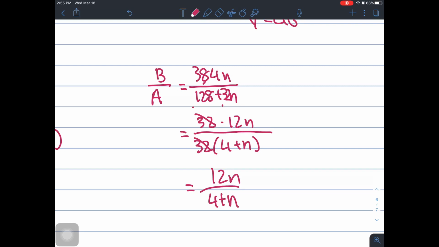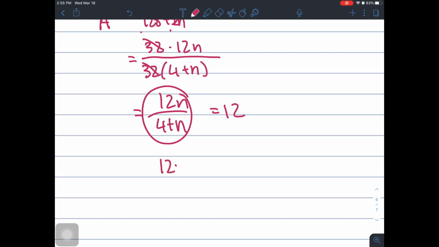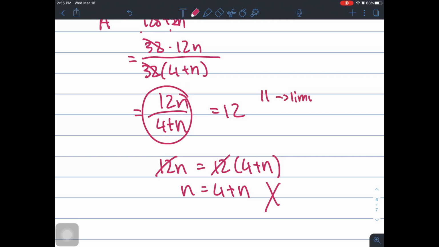From here on out, you plug in integers for n and find out if B over A is an integer. But there's a limit to this, because if this is equal to 12, then 12n equals 12 multiplied by 4 plus n, and you can cross 12 off both sides and get n equals 4 plus n, which is impossible. So you know that 11 is the limit.